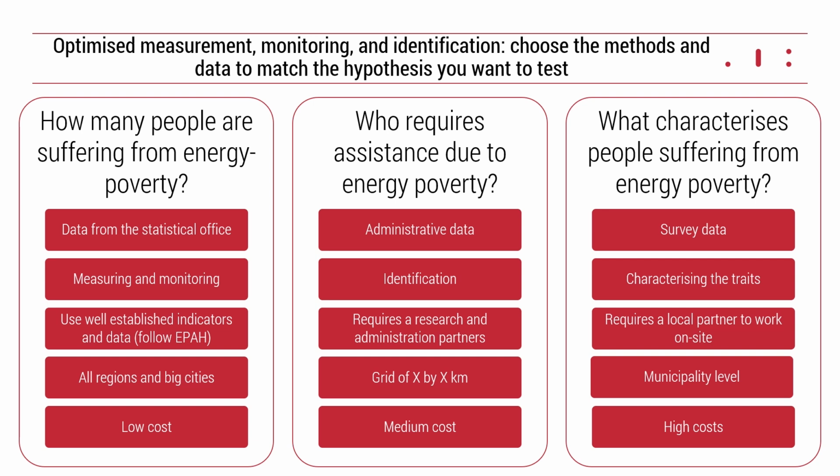On the other hand, if you want to answer a bit more, let's say, practical question in terms of the possibility to implement support measures, especially those support measures that are targeted to decreasing the scale of energy poverty, because we have to understand that there are some measures that will help people suffering from energy poverty with, for example, covering their bills, which are more short-term measures like monetary transfers.